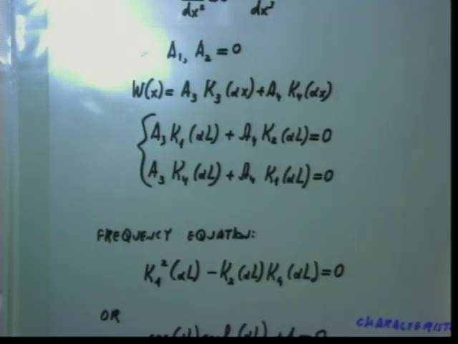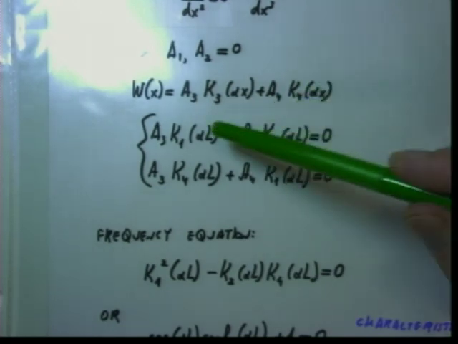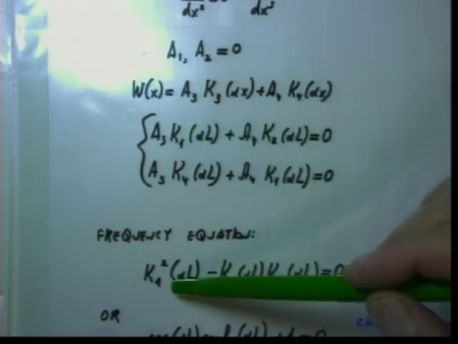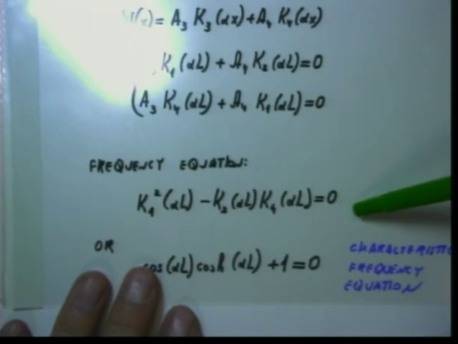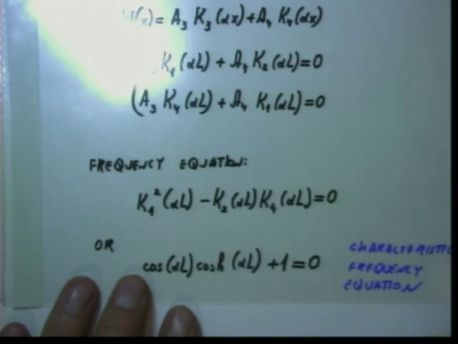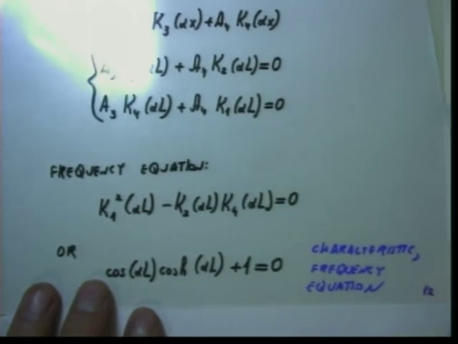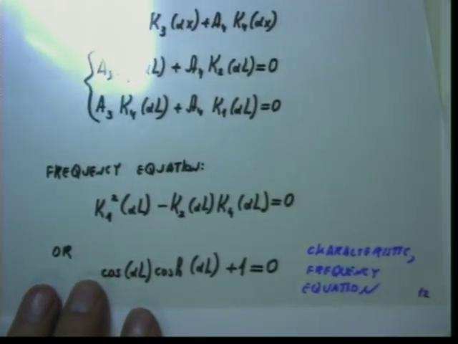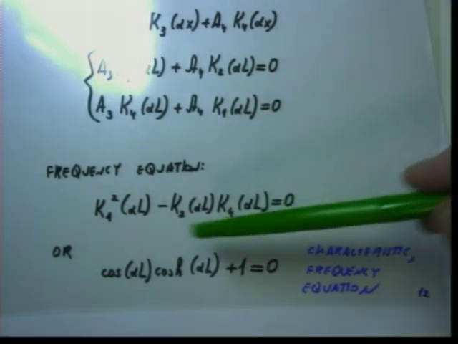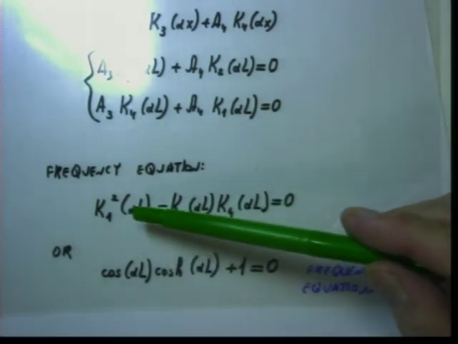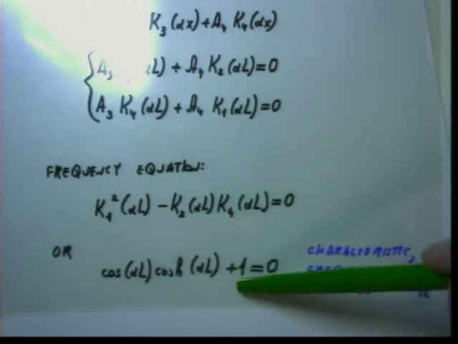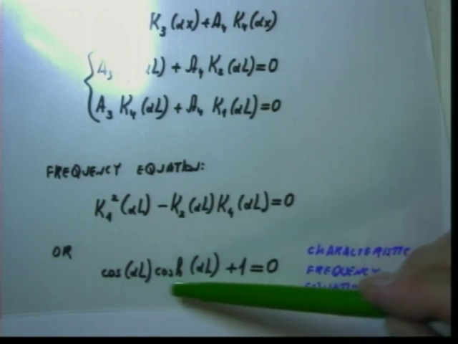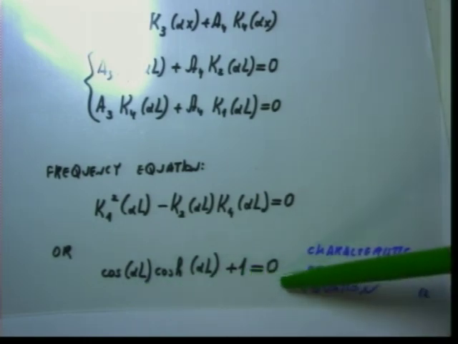So we are dealing with clamped-free beam, as I said. And the determinant equals K1 times K1, or K1 squared, minus K2 times K4, equals 0. So if you expand this, K1 squared minus K2 times K4, we will get the following expression: cosine alpha L, hyperbolic cosine alpha L, plus 1 equals 0.